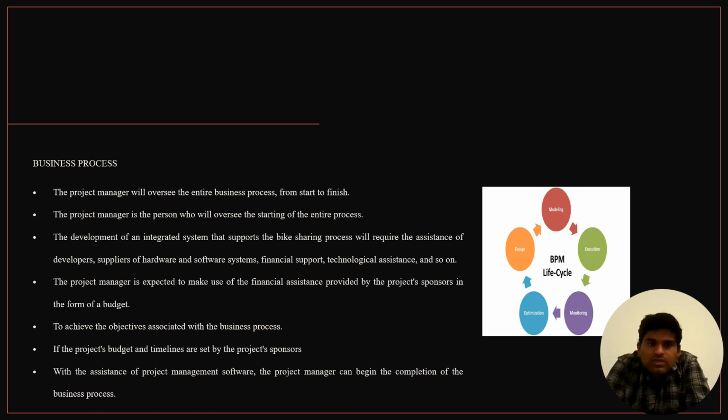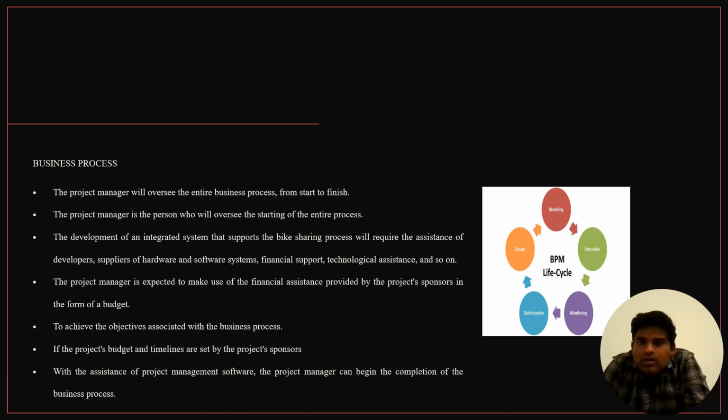To achieve the objectives associated with the business process, if the project budget and timelines are set by the project's sponsors, with the assistance of the project management system, the project manager can begin with completion of the business process.